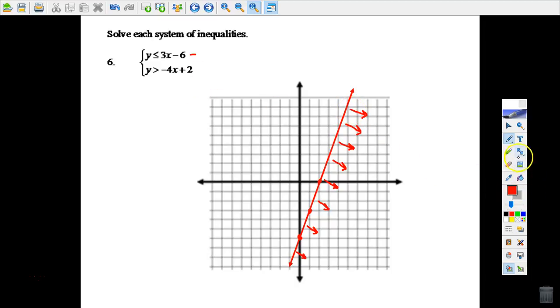Okay, now let's do the other one in blue. This one has a y-intercept of 2, slope of -4, so that could be done as up 4 and left 1, or you could do down 4 and right 1. So here's our blue line, and the shading, probably should have made that a little bit longer.